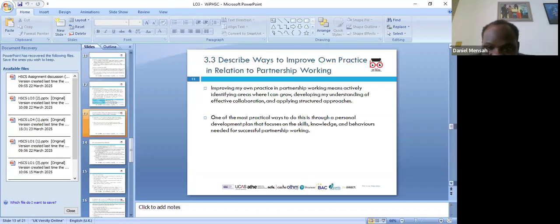Okay. Improving my own practice in partnership working means actively identifying areas where I can grow, developing my understanding of effective collaboration, and applying structured approaches.